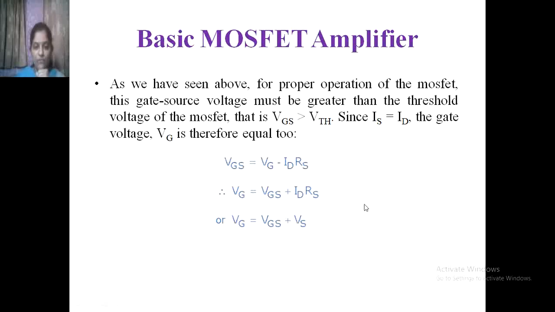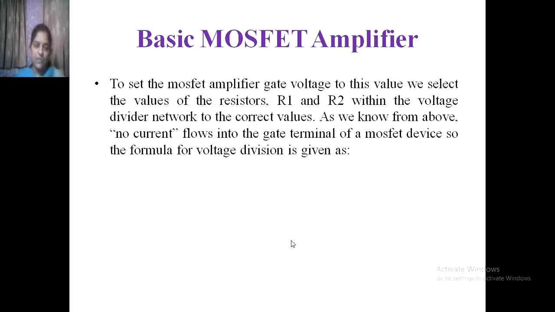ID into RS is nothing but the voltage across the source, so VG is equal to VGS plus VS. To set the MOSFET amplifier gate voltage to this value, we select the values of the resistors R1 and R2 within the voltage divider network to the correct values.